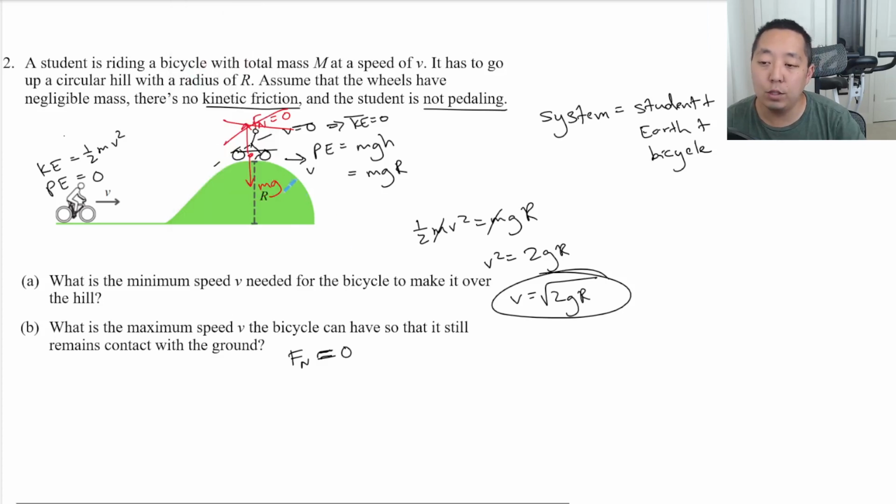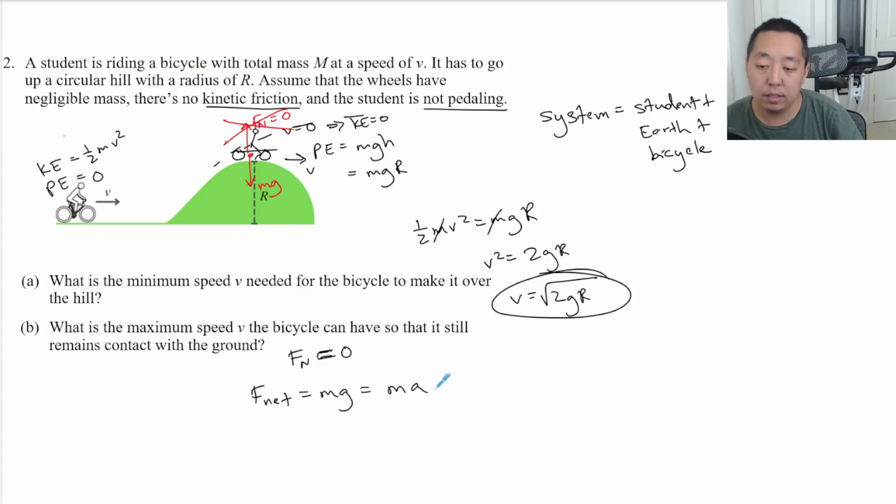So the net force is equal to mg, and that's equal to ma. What kind of acceleration? Well, it's a circular ramp, so as we travel around this path, we're going in a circle. That acceleration is centripetal acceleration.